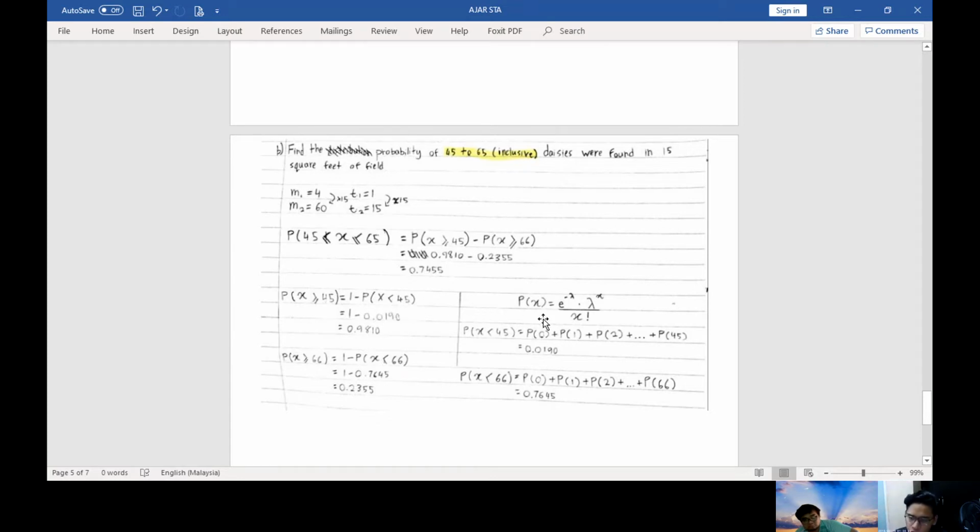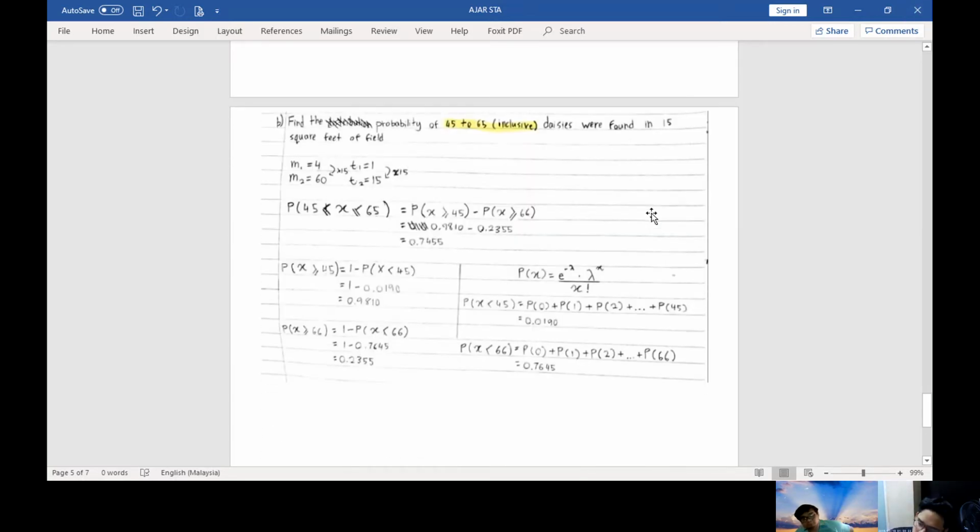For P(X less than 45), we need to find it one by one: P0 plus P1 plus P2 until 44. Just put in the values of x and you will get the answer. This is the manual one, right? Yes, this one is hard because you need to find the Poisson probabilities from the distribution yourself.